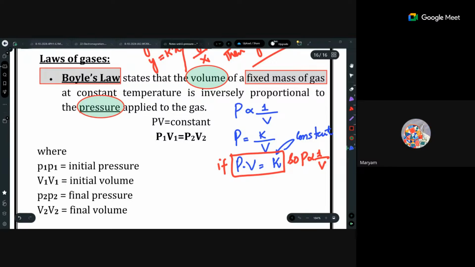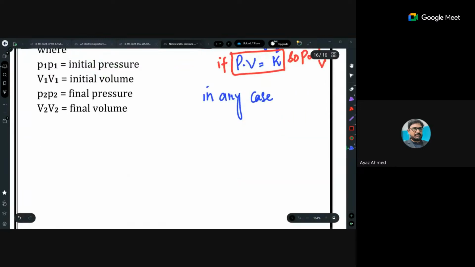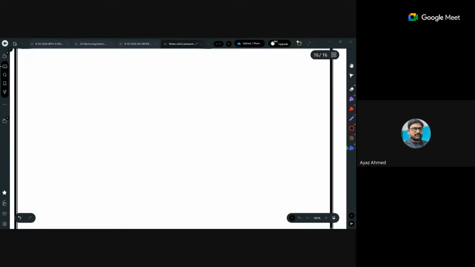So I can say that in any case, let's say I have a gas container. I have not actually drawn the diagram here, but let me draw it for you.